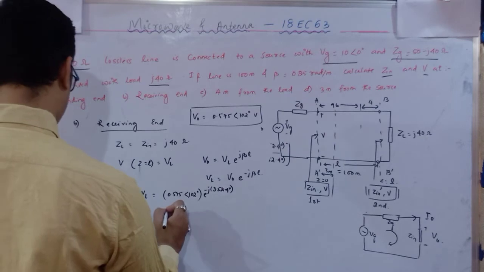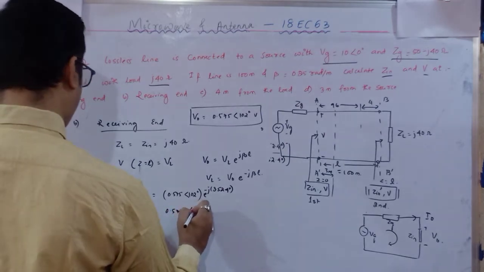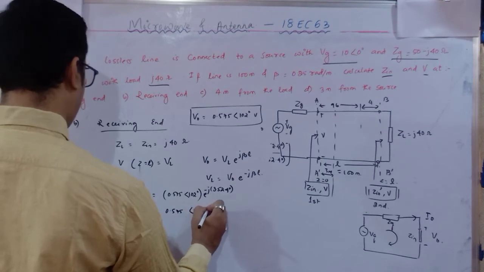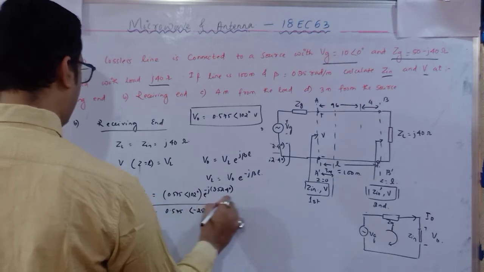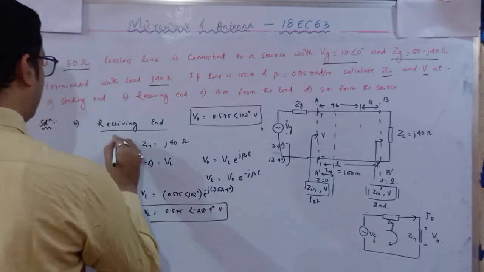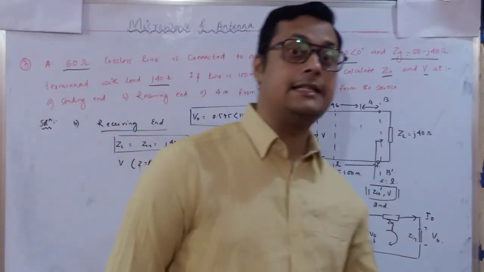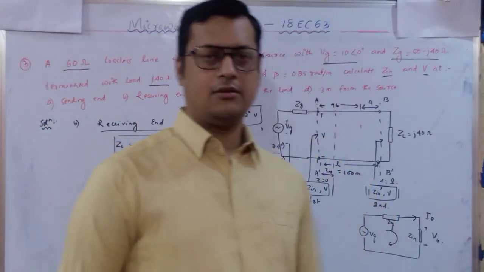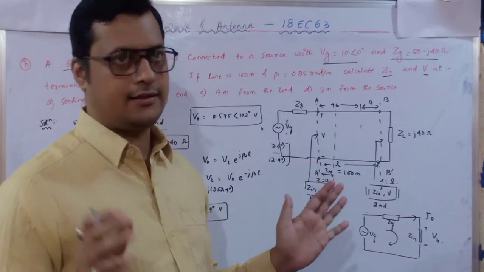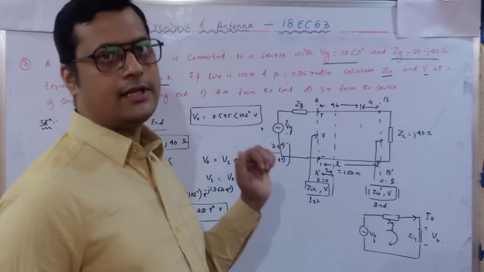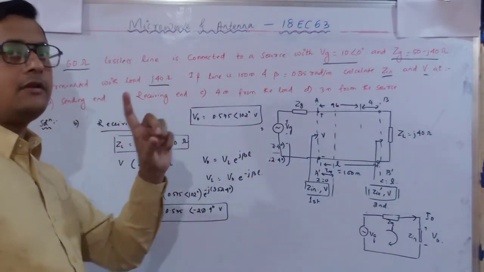If you solve this, you will get 0.575 angle minus 250 point something degree volt. So this is the potential and this is the impedance at the receiving point. Simple, no need to calculate Zin. Zin is only calculated for a certain distance from the source end. So at the sending end, the trick is you have to take the total length.